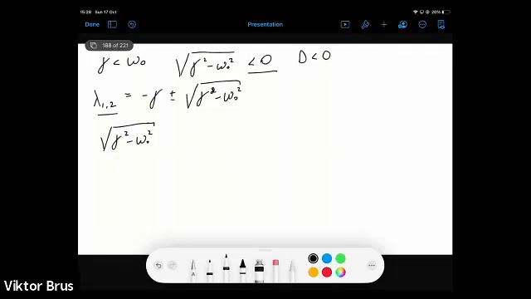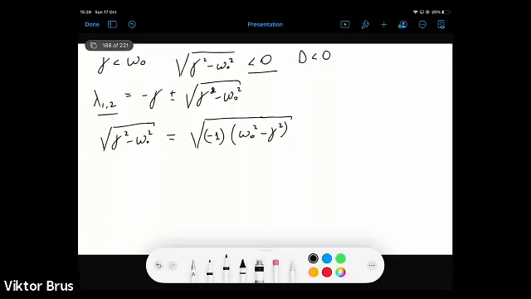So it's the square root of some negative quantity. So we can write that this is equal to square root of minus unity times omega naught square minus gamma square.